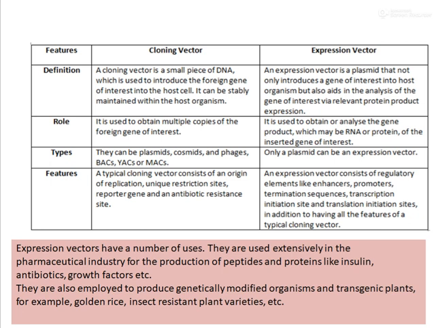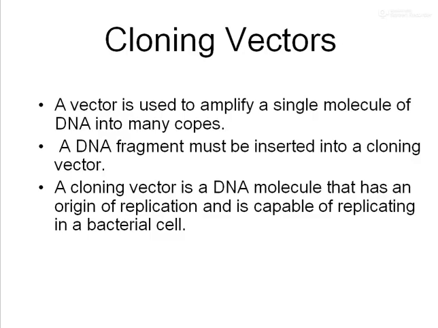Expression vectors are widely used in the pharmaceutical industry for the production of peptides and proteins like insulin, antibiotics, growth factors, etc. They are also employed to produce genetically modified organisms and transgenic plants like golden rice and insect resistant plant varieties, which we had mentioned earlier.